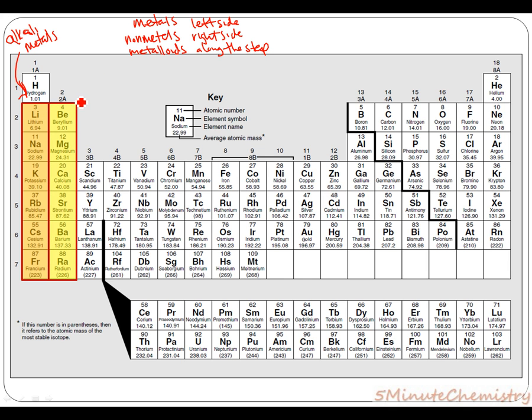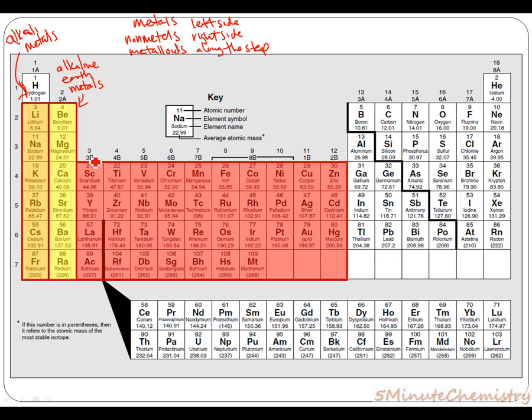Secondly, we have this group known as the alkaline earth metals. Now, alkaline earth metals, again, general category of metals. These metals have two valence electrons, so they're still very reactive, but not as reactive as the alkali metals are.